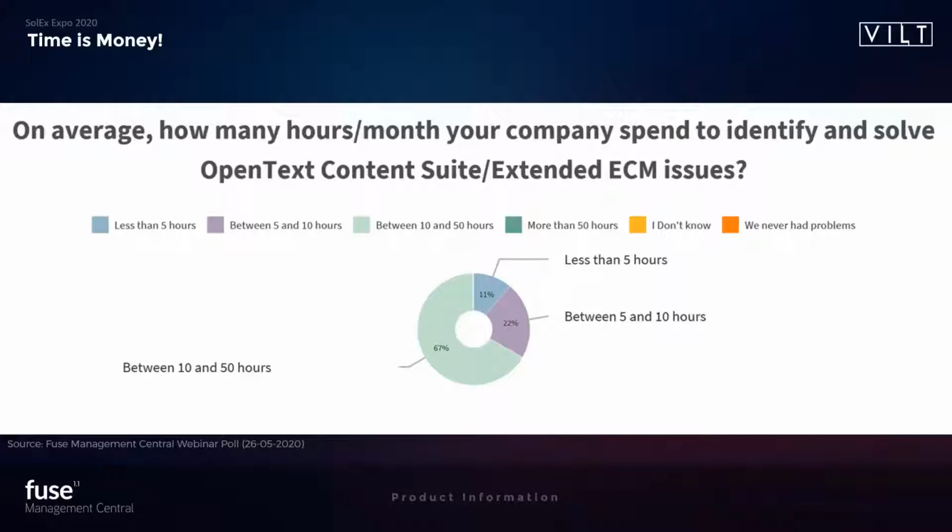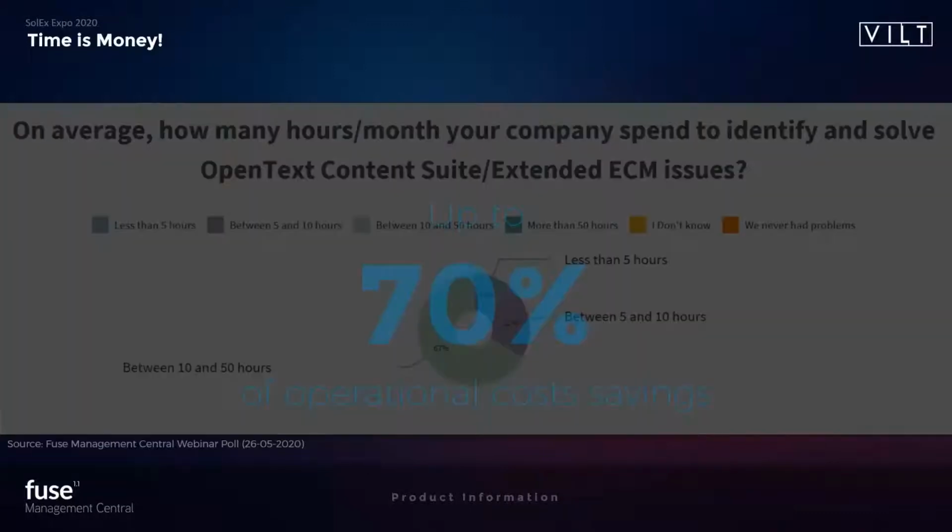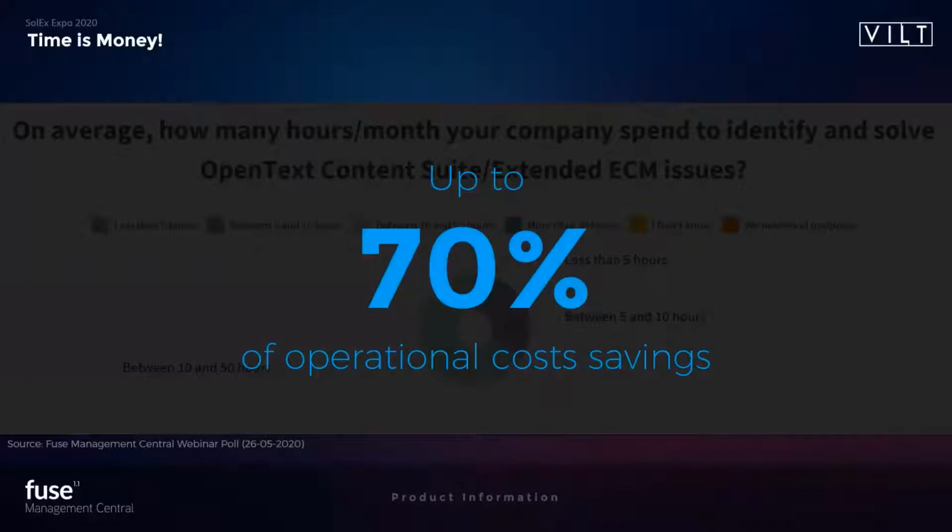So our goal, and this is what really moves us to build Fuse, is that using Fuse Management Central, you can save up to 70% of operational costs. And this is huge. This is really huge because we are pinpointing issues, preparing you to be more proactive and less reactive.